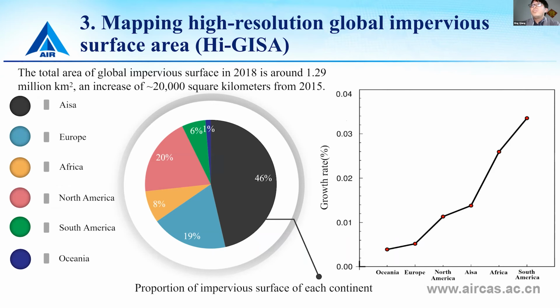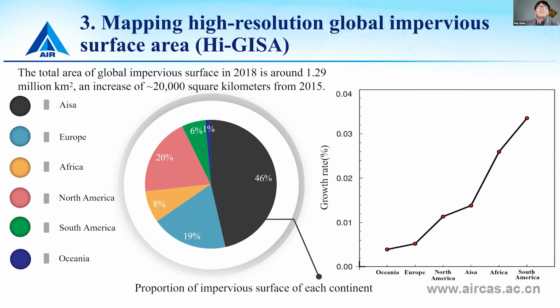And it also shows that Africa and South America have slightly faster growth rate. And of course, Asia accounts for 46%, followed by Europe and North America.